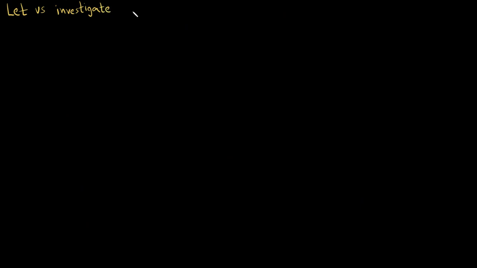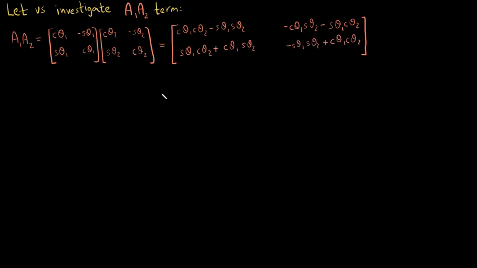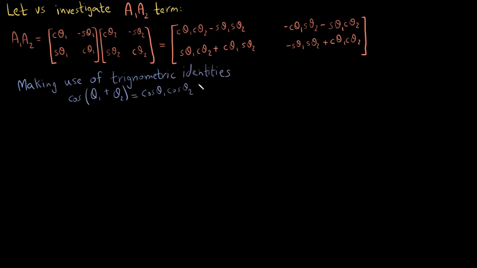So let us investigate the A1 A2 term further. If I write the A1 A2 matrix in the expanded form with A1 being a matrix of theta 1 and A2 being a matrix of theta 2, I get the following matrix. Now making use of the two trigonometric identities, which are the sums and differences of the cosine and the sine functions, as follows.